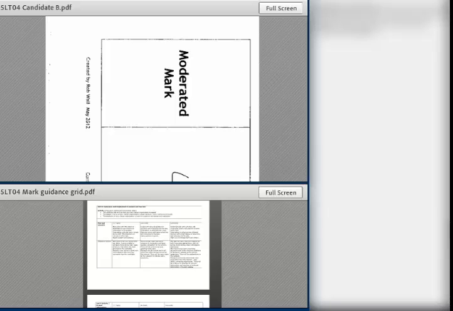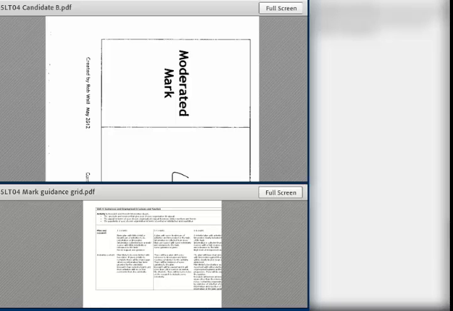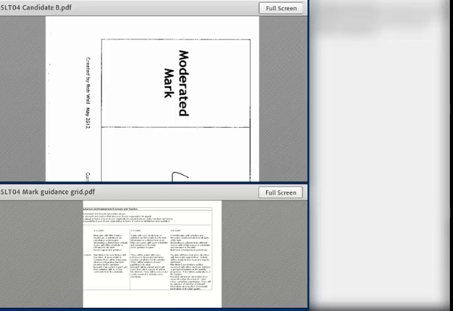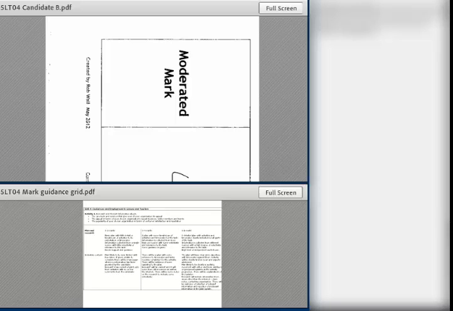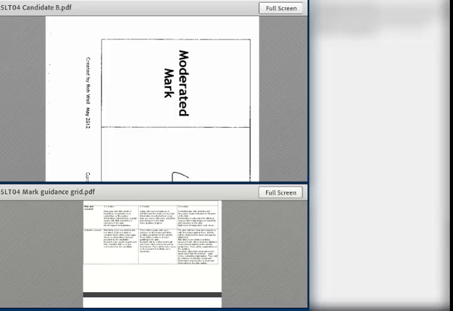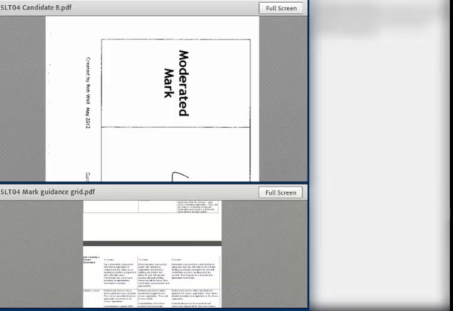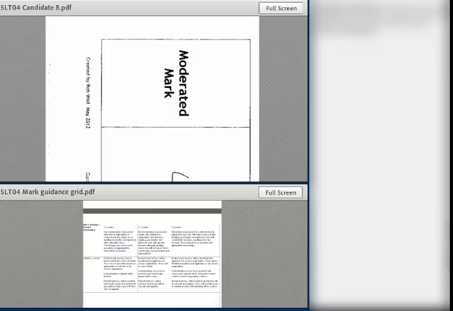Okay, so to look at the grid again, which I'm going to look at down here, I'm going to try and make it full screen in a minute, but it doesn't seem to want to. Oh yeah, here we go. Again, we have the same grid for Unit 4 as we have for Unit 2. So you can see that we've got indicative content for each of the different activities. Obviously, the plan and research will be the same as for activity 2.